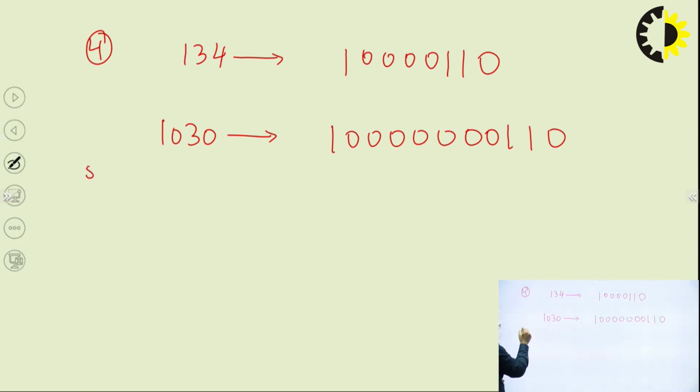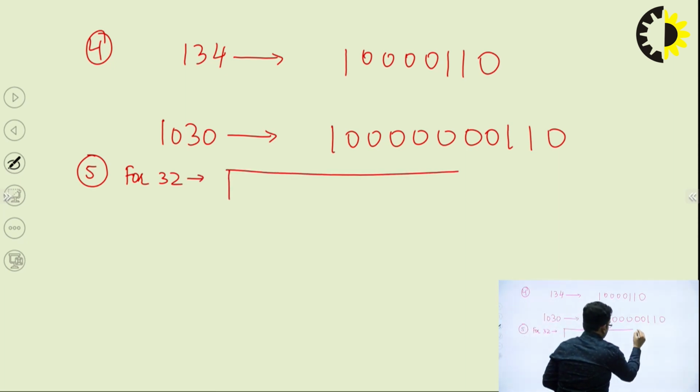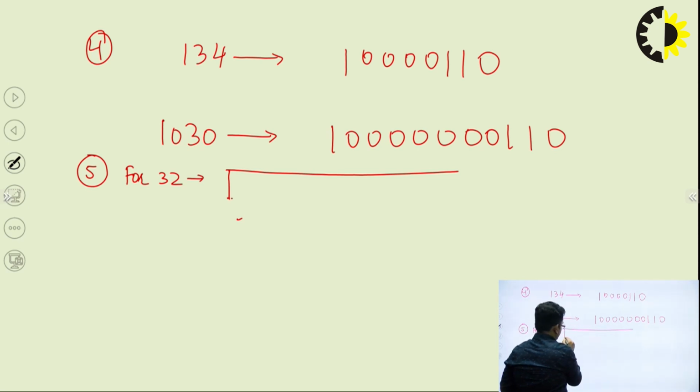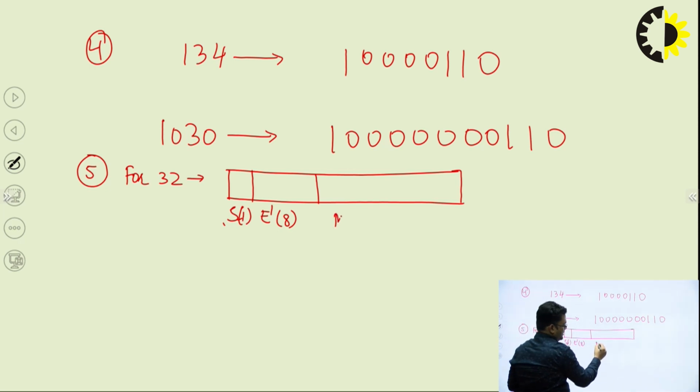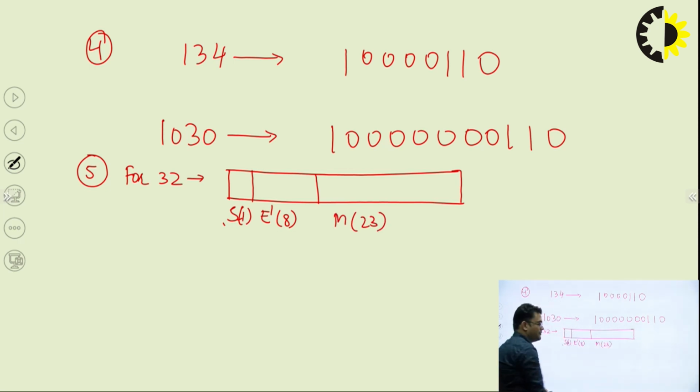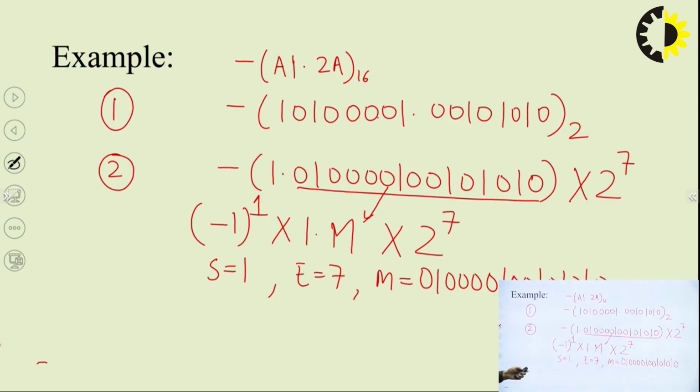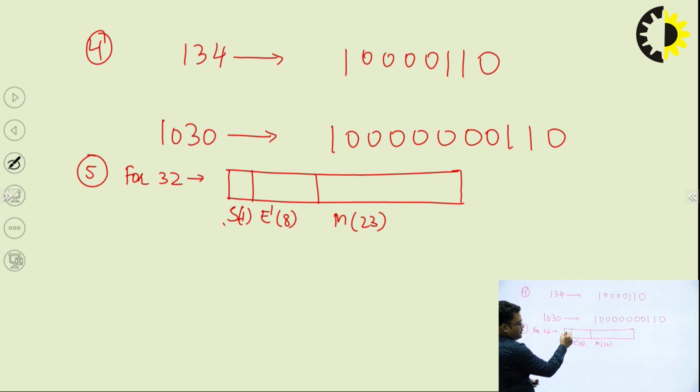We need to represent these numbers in the desired format. So for 32 bits, my desired format takes 1 bit for sign, correct. How many bits for biased exponent? 8. And for mantissa we will have 23 bits. Now my sign bit was 1, so I put 1.